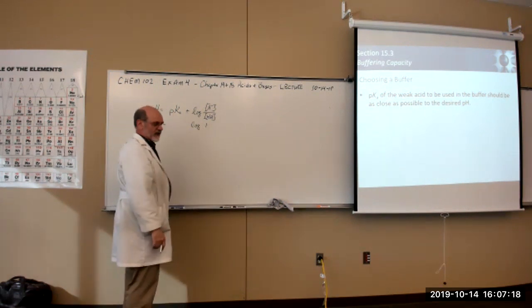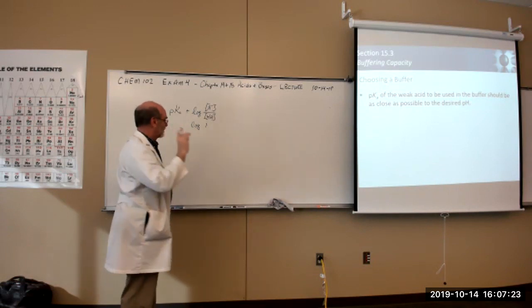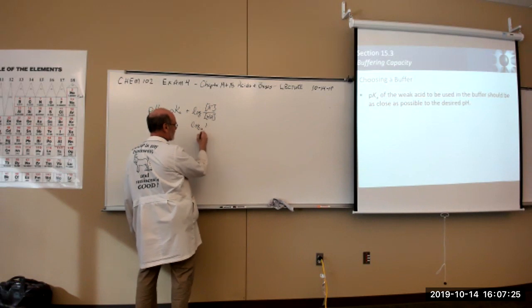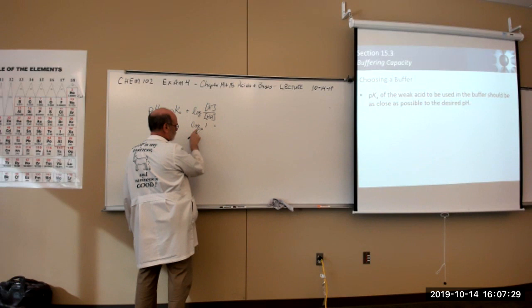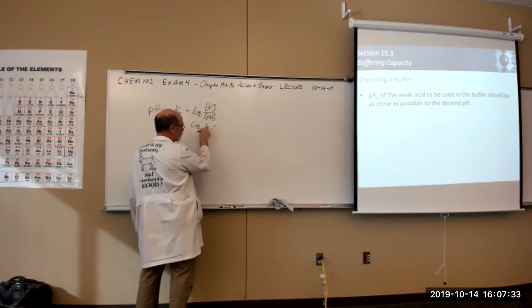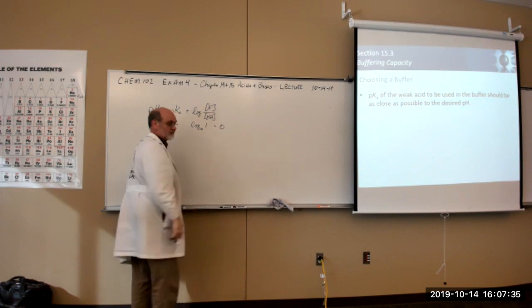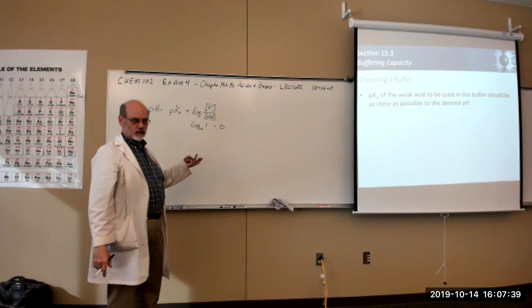So what's the log of 1 equal to? 0, right? Base 10 is equal to something. So by definition, the log of 1 is the power of 10 that equals 1. So the power of 10, when it's 0, equals 1.